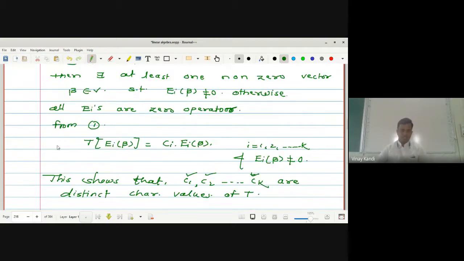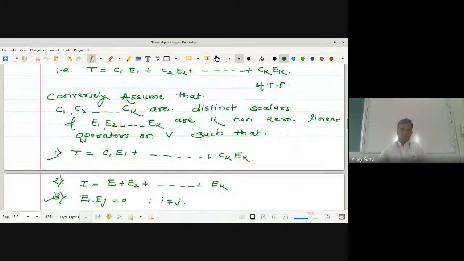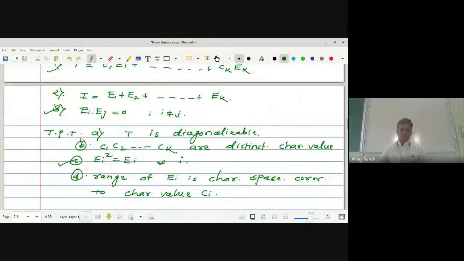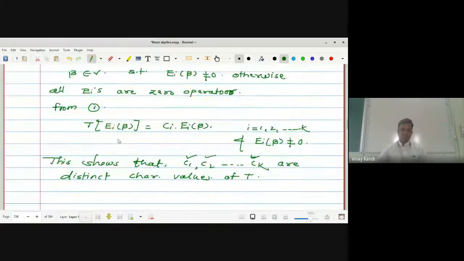In this part, the B part, what do we have to prove? The converse part. C1, C2, Ck are the distinct characteristic values. Other than this, there does not exist any C such that T of alpha is equal to C into alpha.